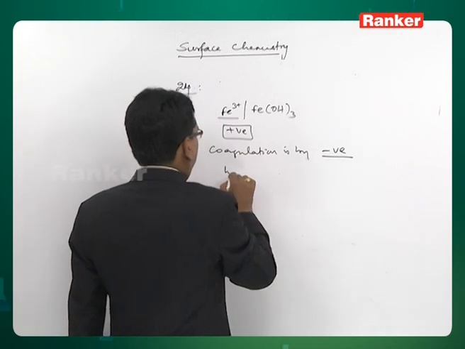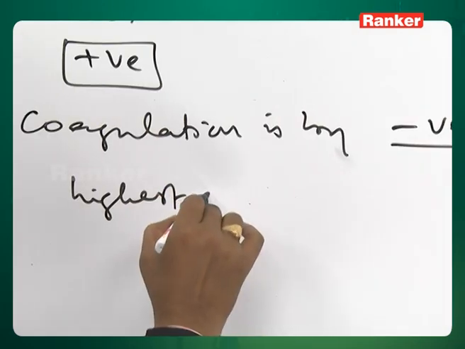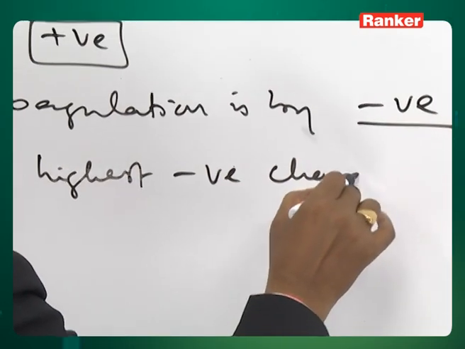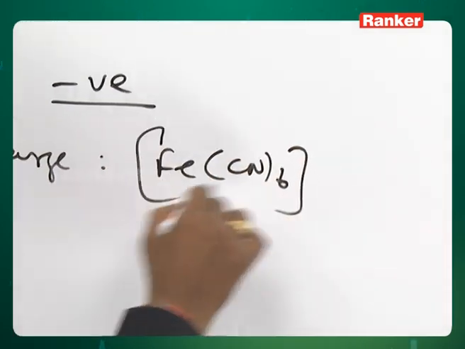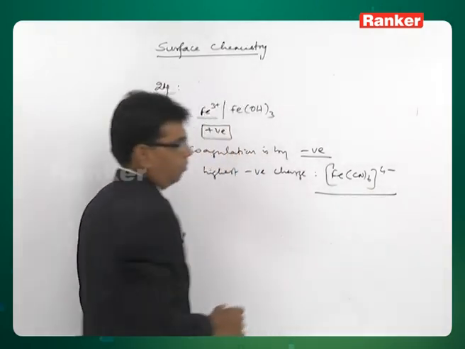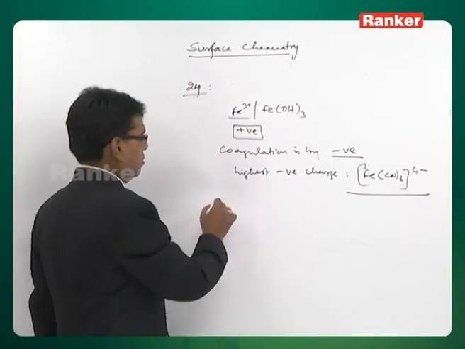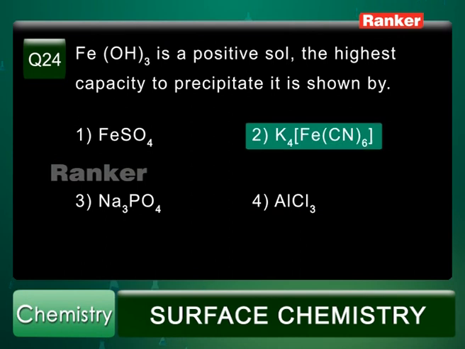Among the given 4 options, the highest negative charge is present on the ferrocyanide. So, the correct answer is potassium ferrocyanide, option 2.